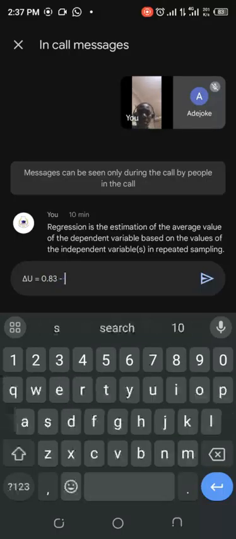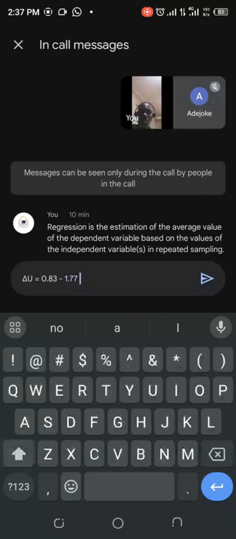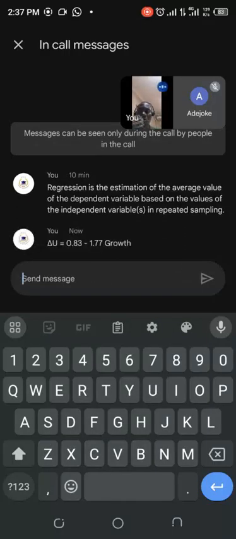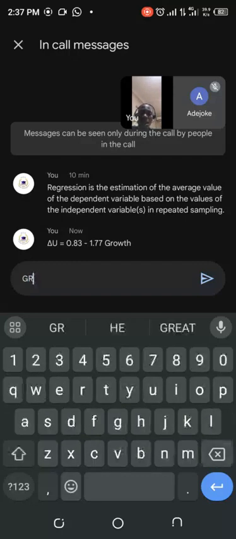0.83 minus 1 point. So I just texted the estimated equation into the chat box. So nǹkan tí minus 1.77 túmọ̀ sí ni pé if the economy is growing, so let's say growth is equal to 1%.